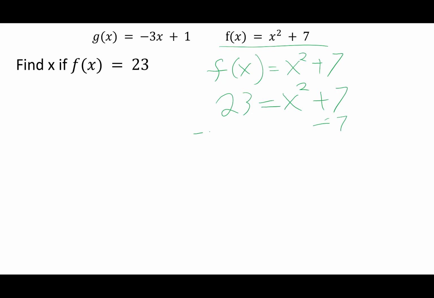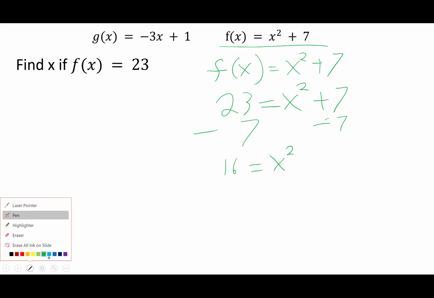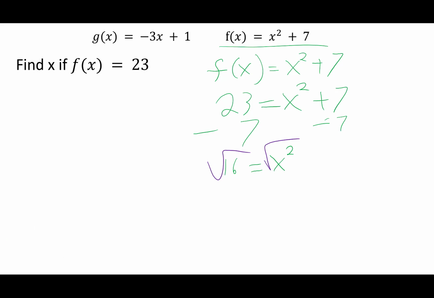Minus 7 from both sides. 23 minus 7 is 16. Now I have this x squared. How do we undo a square? We take the square root. And the square root of 16 is 4. So x equals 4. Or again, we could write this as a point.